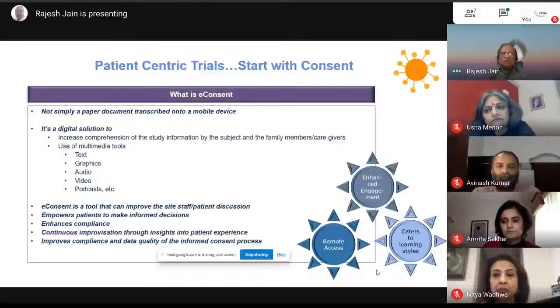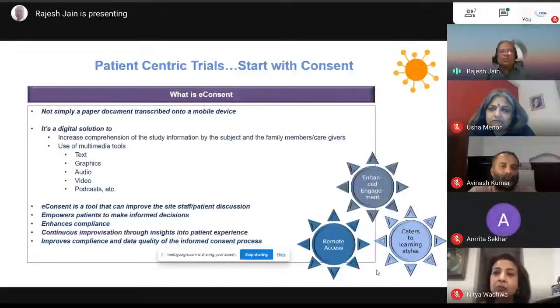Simply put, it's not about converting a paper document into a digital or mobile device. It's not that. It needs what Avinash is doing in terms of transmedia technologies and transmedia outputs to be incorporated into a platform where we are able to convert all of the information in those 10, 20, 30 pages that we present in an informed consent form to the prospective patient.